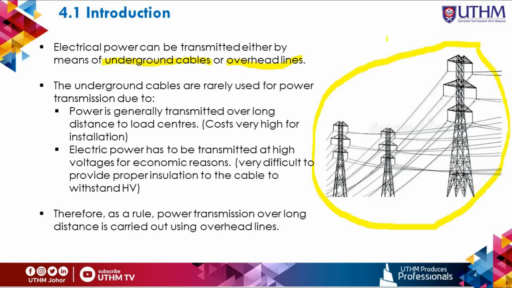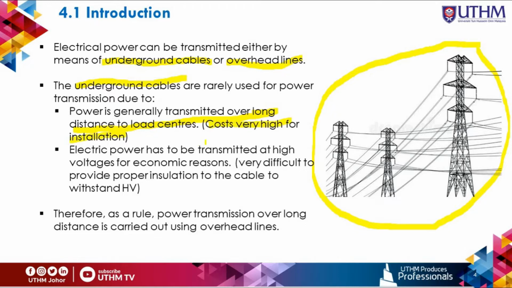However, the underground cables are rarely used for transmission because of two main reasons. The first one is the power is generally transmitted over long distance to the load centers. So therefore, the cost will be very high for installation.